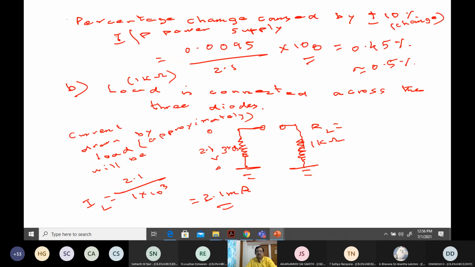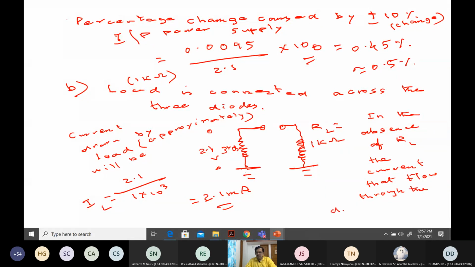That much current would have decreased through the diodes, not across the diode, through the diodes. Earlier, in the absence of RL, that is the load, the current that flowed through the diodes in series, meaning the same current, is 7.9 milliampere. But because of this load, the load will draw current.